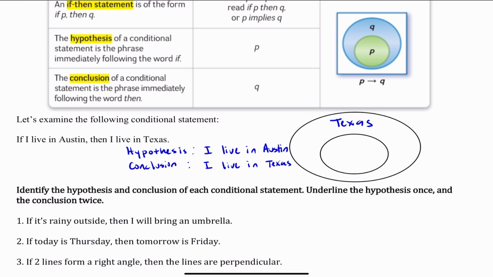For instance, Austin I can put inside of Texas, or if I live in Dallas, then I live in Texas, or San Antonio, or El Paso, etc.